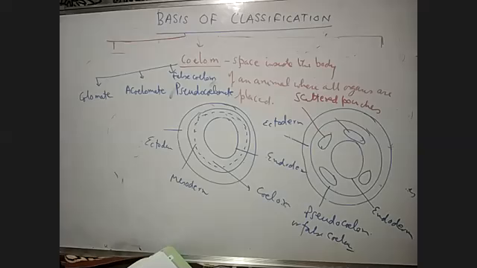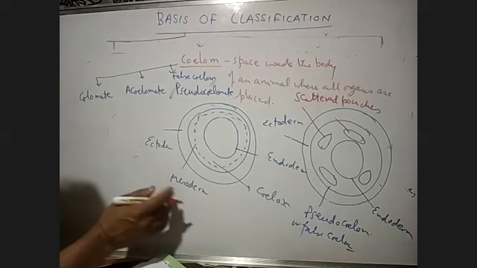Then we go to the next one, acoelomate animals. These are the animals where the body cavity or coelom is absent. They don't have the body cavity. Examples are the platyhelminths, or the flatworm. Just now we have done the liver fluke, or the flatworm.